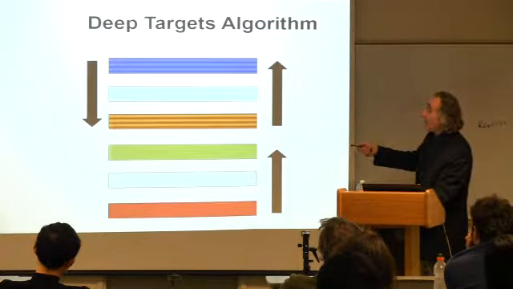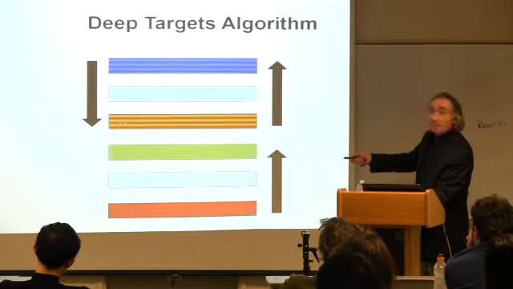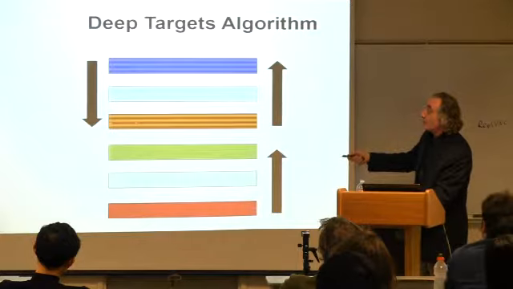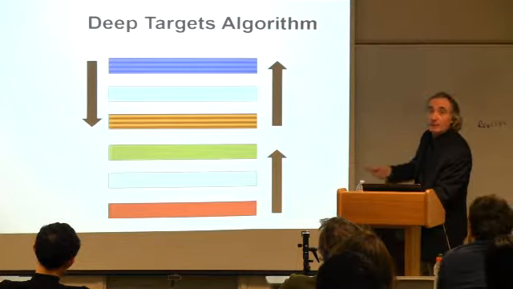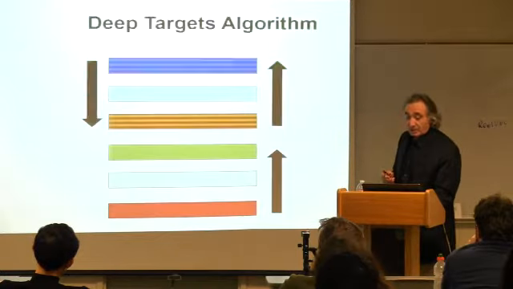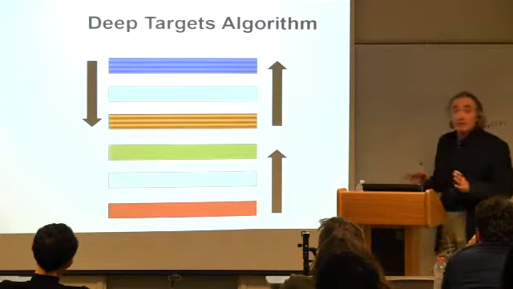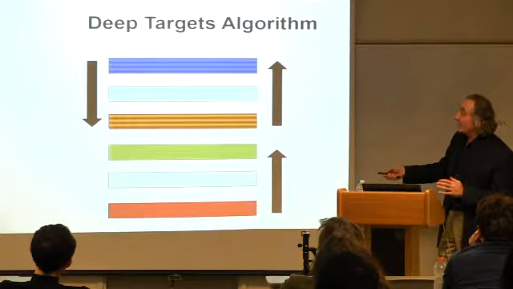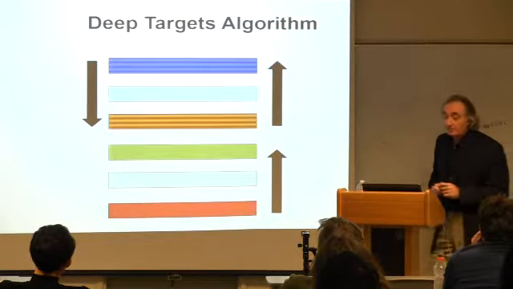So we choose the best and look where it came from here. What was the best sample here that produced the best sample here, and use this as the target for adjusting these weights. So that's what we call the deep targets algorithm, which is another way that doesn't require propagation of gradients. This requires only forward propagations and keeping track of which sample in this layer gives a sample in that layer.